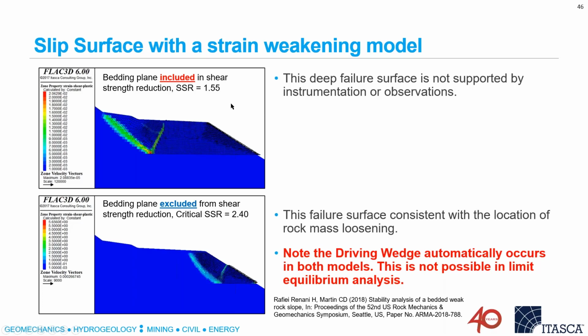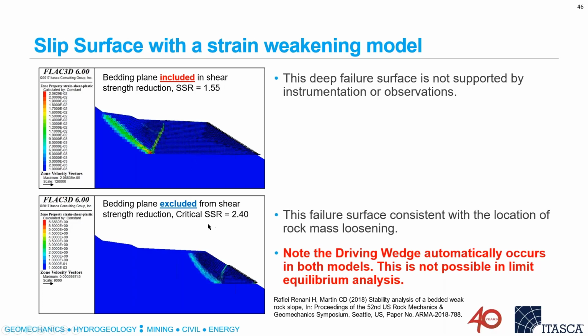The upper one, the shear strength reduction method, is applied to everything, to the rock mass, to the sliding surface. And you can see the result there. It ends up with a safety factor of 1.55.